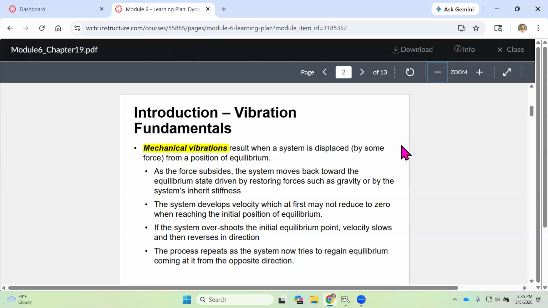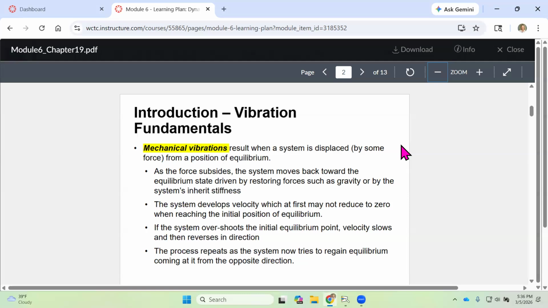In physics, you also talked about dynamic equilibrium, and that just meant that you were at a steady state of motion, meaning you were going at a constant velocity, in a straight line, not speeding up or slowing down. So you can have both dynamic equilibrium and static equilibrium. When we're talking about a position of equilibrium, you can either be moving or you can be at rest. Either one can apply in this situation.